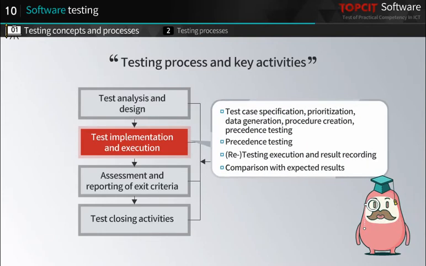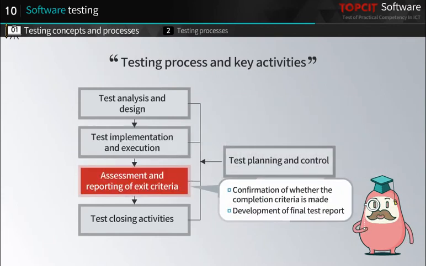In the test implementation and execution stages, test case specification, prioritization, data generation, procedure creation, precedence testing, testing execution and result recording, and comparison with expected results are executed. In the assessment and reporting of completion criteria, confirmation of whether the completion criteria is made, and the development of the final test report are executed.